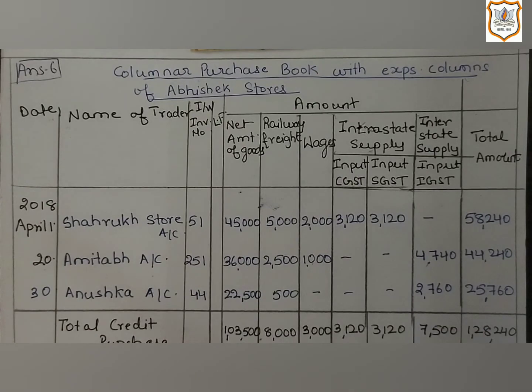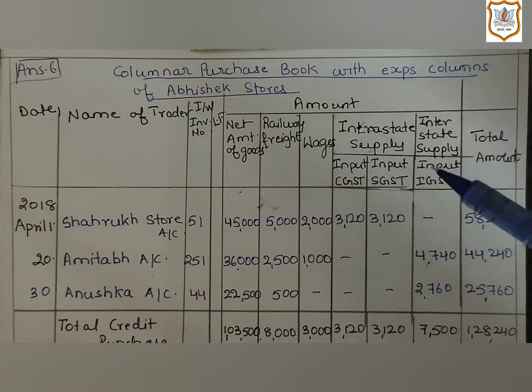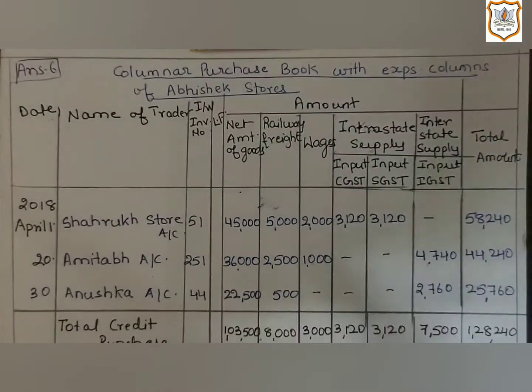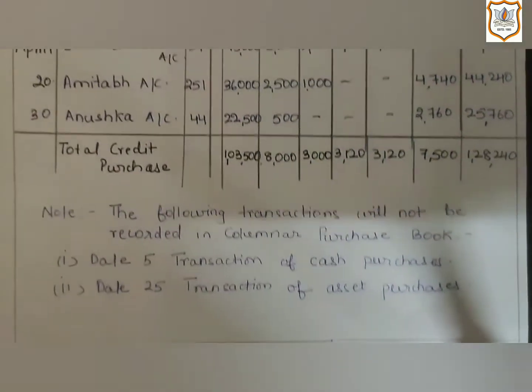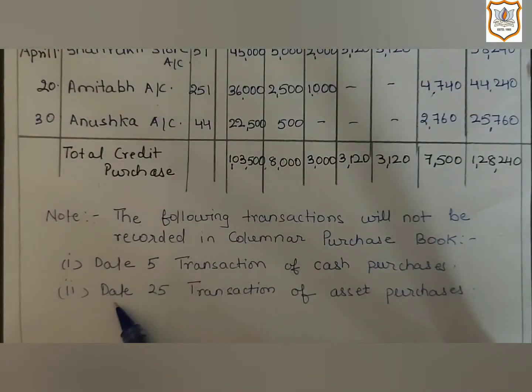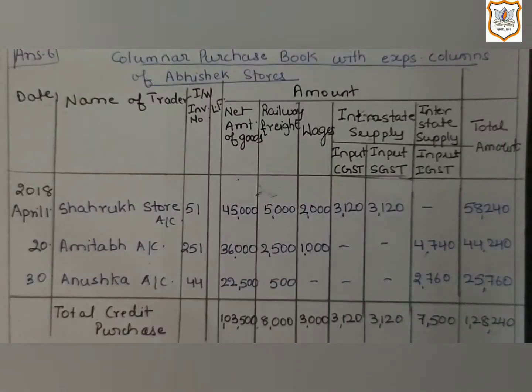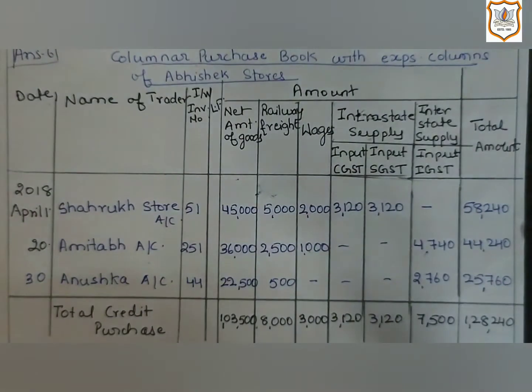Machine is our asset, and we know that in purchase book we record only credit purchase of goods, not asset. So we will not record this transaction here, but we will write a separate note for this transaction. Here it is, date 25th, transaction of asset purchases.